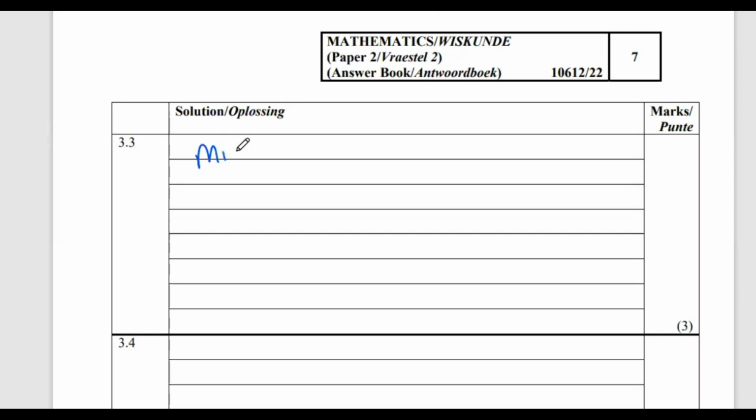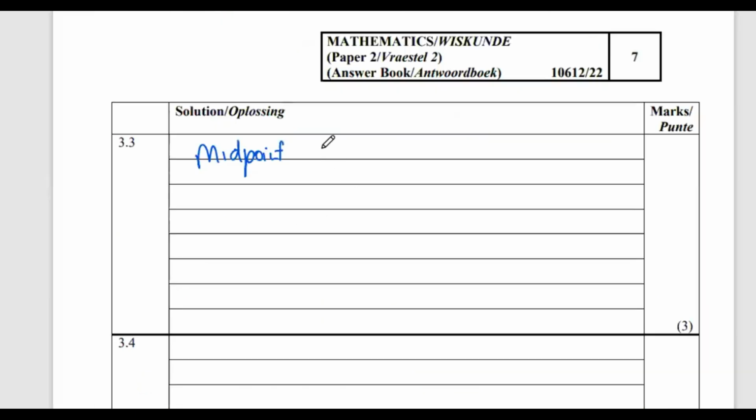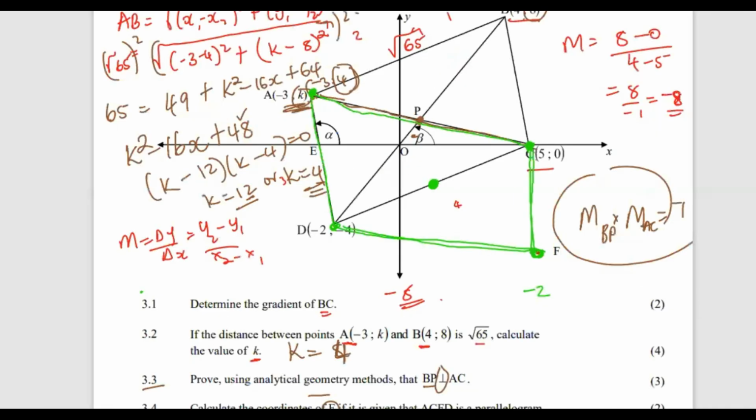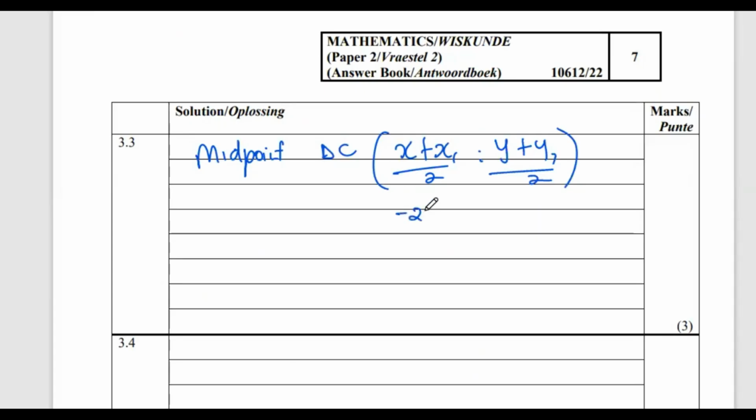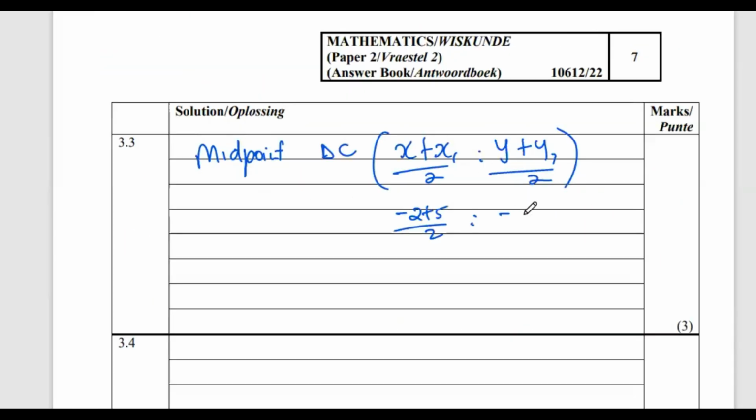So we're saying the midpoint of DC will be x1 plus x2 over 2, and then y1 plus y2 over 2. Okay, so we see -2 and 5, -4 and 0. -2 plus 5 over 2, and then -4 plus 0 over 2.